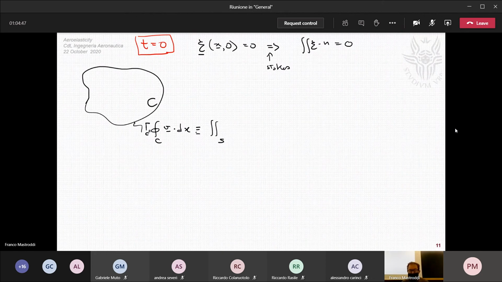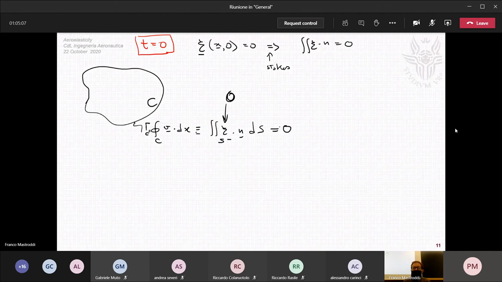And you have that zeta dot n dS has to be 0 because this is 0 at this time. And so you have that the circulation is 0.